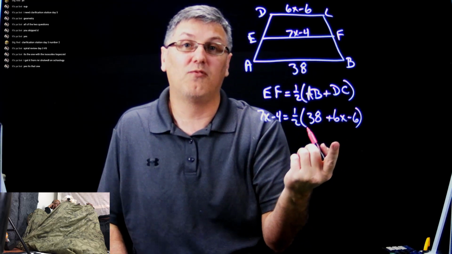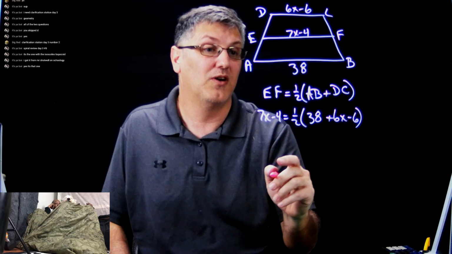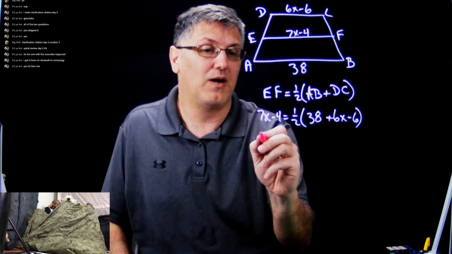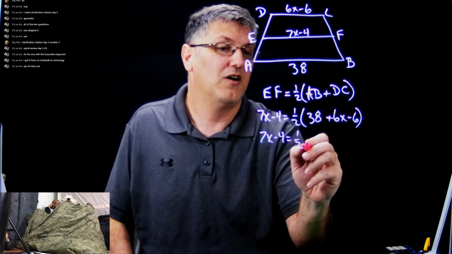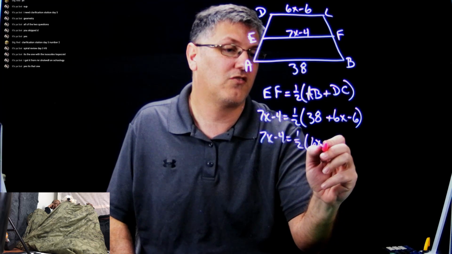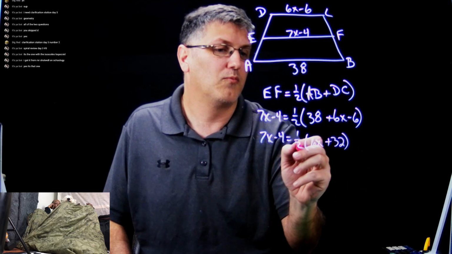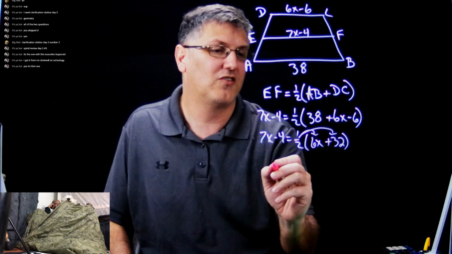From here, I'm just going to solve for x. My setup is done. The geometry part is done. I'm going to work my parentheses first and combine like terms. So I have 7x minus 4 equals 1/2 of 6x plus 32. I'm going to distribute this 1/2 because it goes perfectly into 6 and 32.